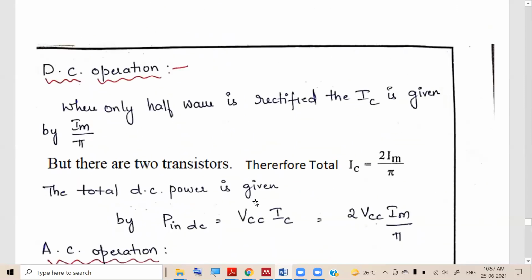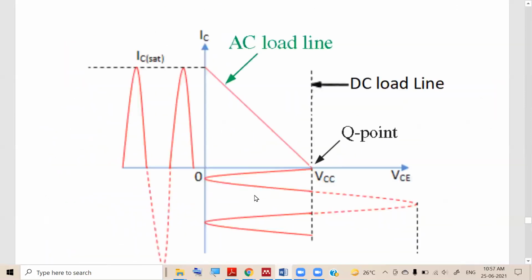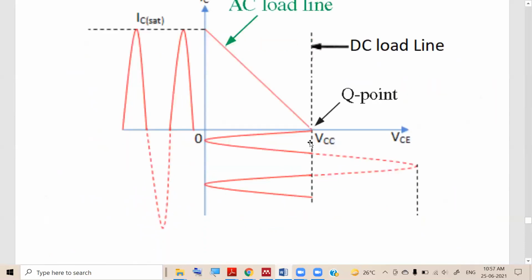Now, I told you Im is the height of only one half cycle. Likewise, Vm is also the height of only one half cycle in voltage. So what is the relation between Vm and VCC?